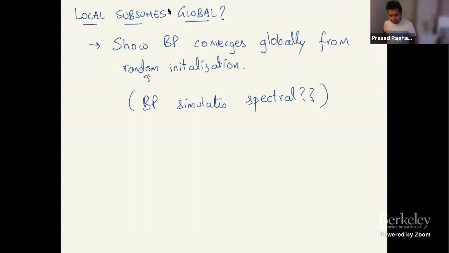In particular, you'd hope that BP, this update given the neighbors, you compute the root, can simulate the power method. BP should be able to simulate spectral, but I think analyzing this for log n steps is very hard, and we don't have good ways to do this.